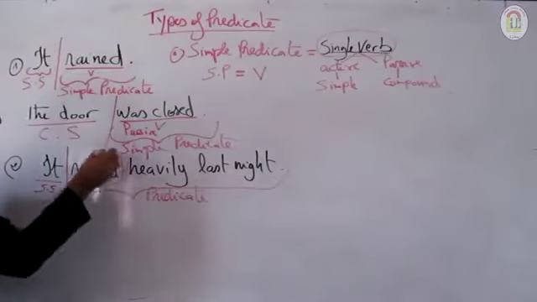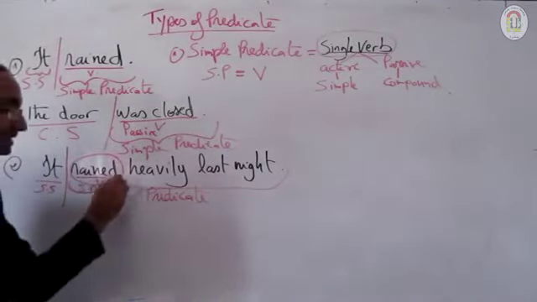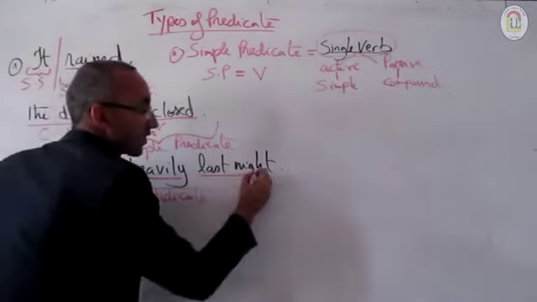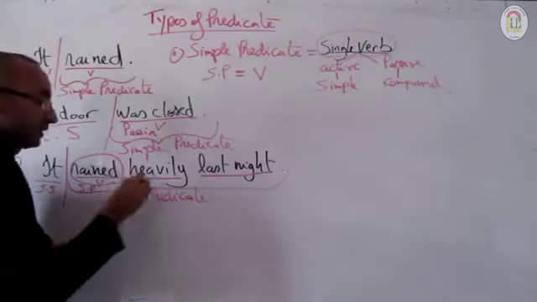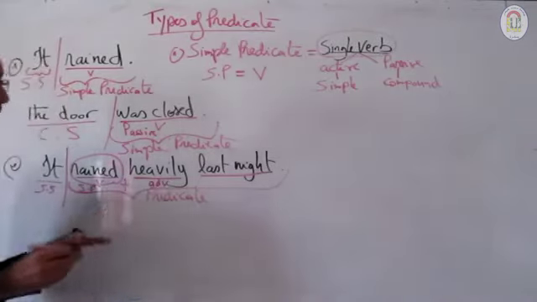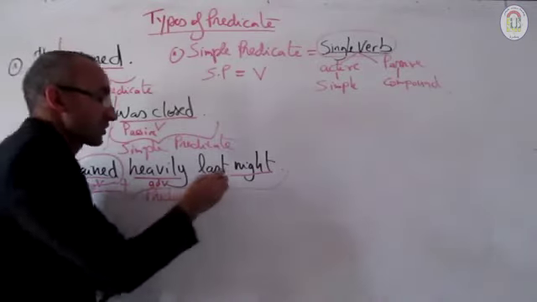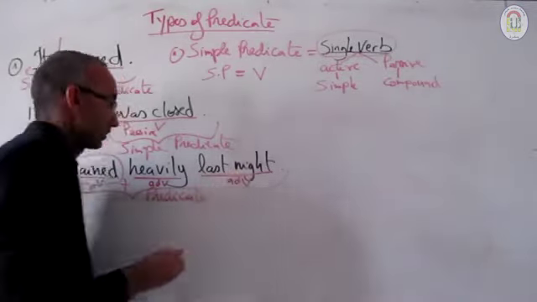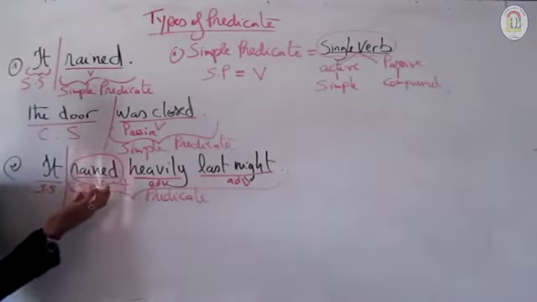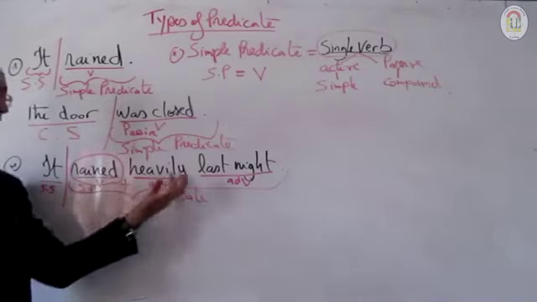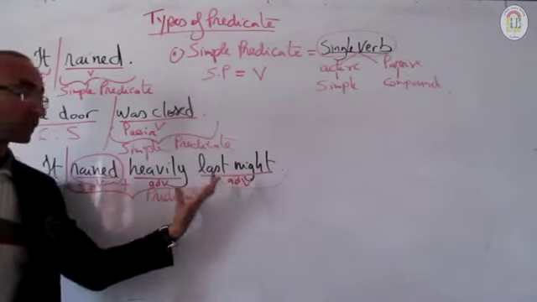I have here this simple predicate, a single verb, plus two other elements which come to modify it. Heavily is an adverb. Last night is a noun phrase which acts as an adverb of time also. Clear? So here I have my verb or simple predicate plus modifiers. Alright, modifiers.